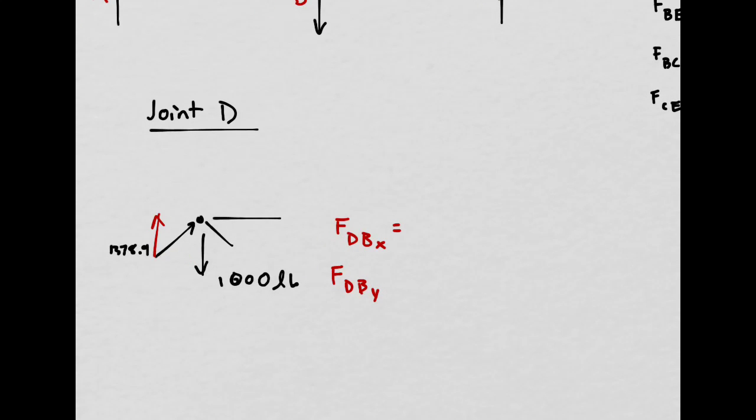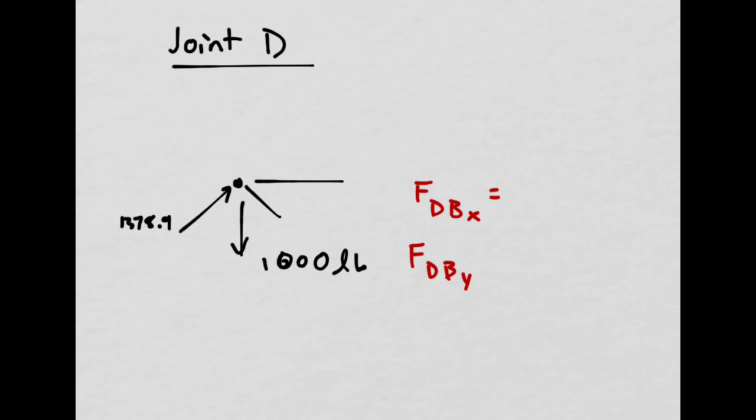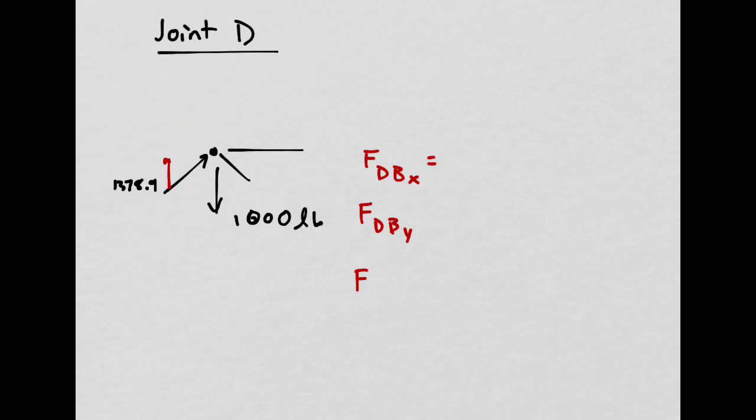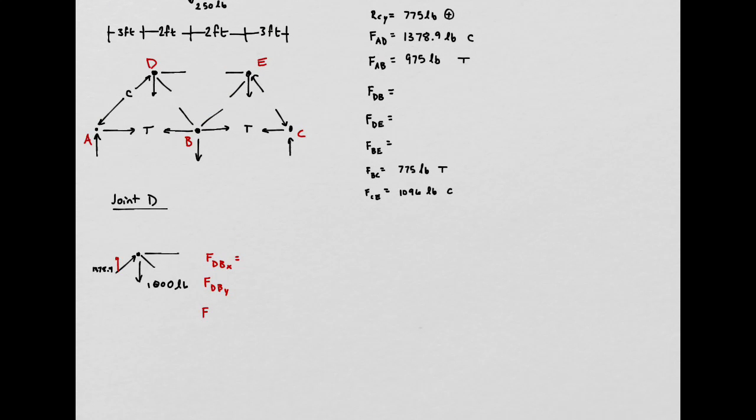And this is how I can figure out the rest of this. I need to figure out the y component, because right now this will cancel out with some of this, and then whatever's left over has to be taken care of by the y component of DB, just because there are no other y components for this joint. So if these aren't already balancing each other out, then this has to do some kind of resistance force. So what we're going to do first is find the force within the y component of AD.